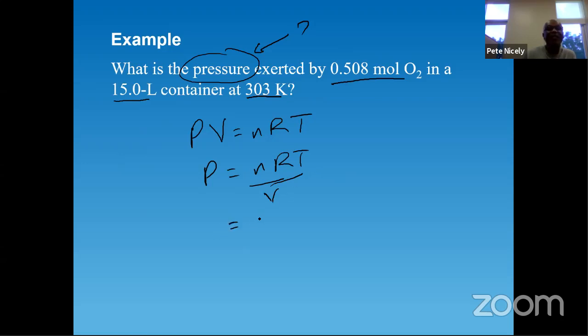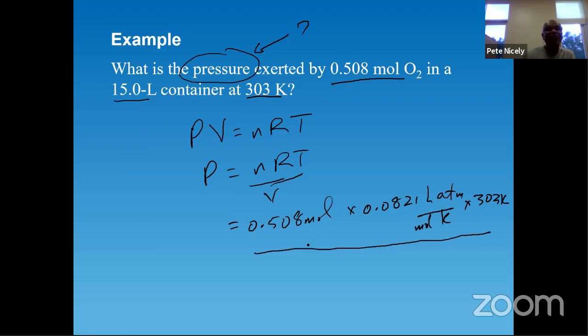So the moles would be equal to 0.508 moles times R, which is 0.0821 liters atmospheres over mole Kelvin, times T, which is 303, all divided by the volume, which is 15.0 liters.